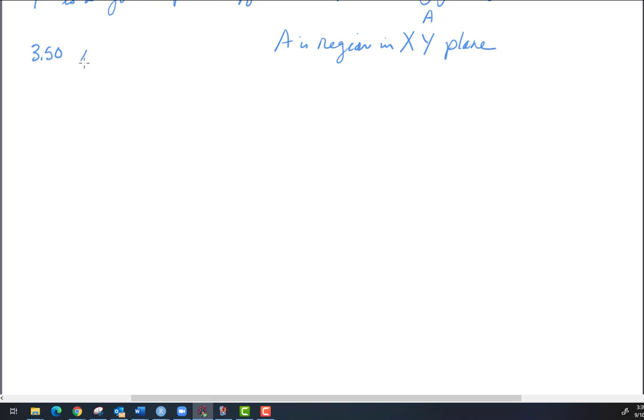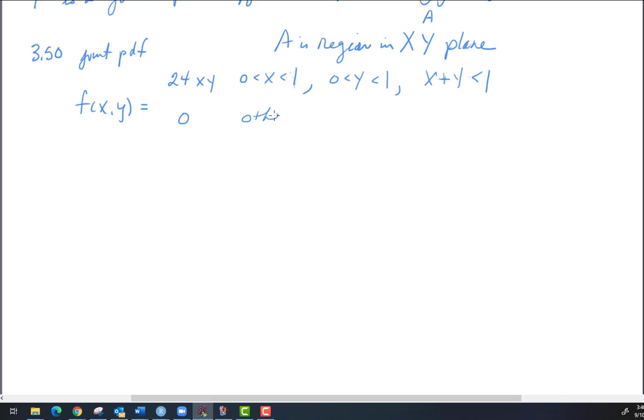And let's suppose that we have a joint PDF that looks like f of x, y is equal to 24xy, for 0 less than x less than 1, 0 less than y less than 1, and x plus y less than 1, and 0 otherwise.